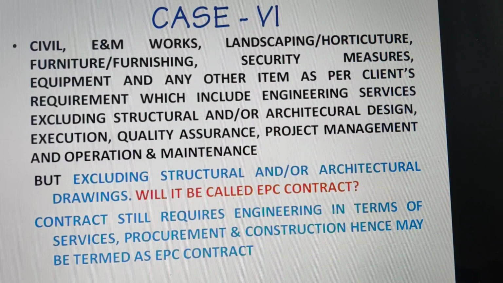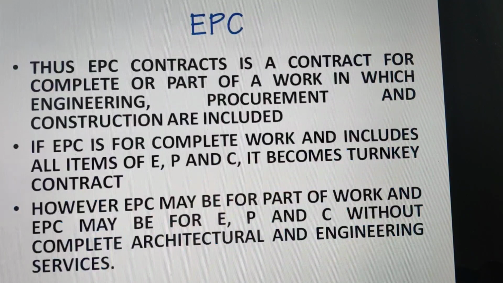Another case may be that this excludes architectural or structural drawings, then should it be called an EPC contract? The contract still requires engineering in terms of services, procurement and construction, hence may be termed as an EPC contract.